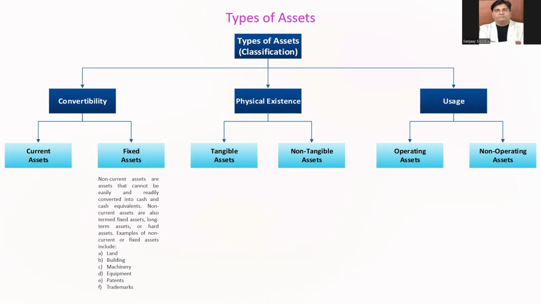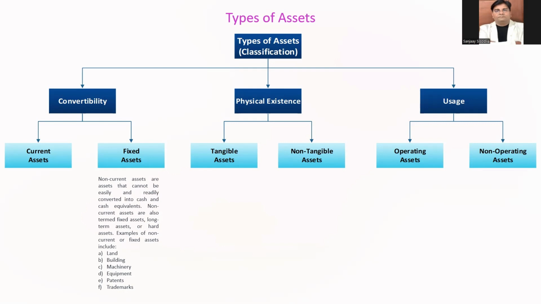Why these are called fixed assets? Because of two reasons. Number one, these assets are used in business for a longer period, that means a period which is normally of more than 1 year. That is first thing. The second thing is these assets cannot be easily converted into cash or cash equivalents, means these cannot be easily sold out.